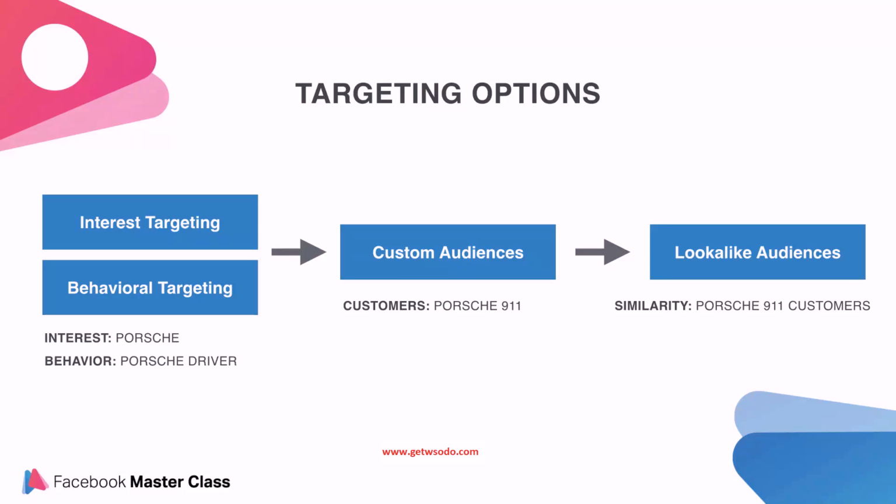And then we have lookalike audiences, another really powerful targeting feature. And lookalike audiences are all about an audience that is similar to an existing seed audience. For example, all Facebook users that are to a certain degree similar to Porsche 911 customers.